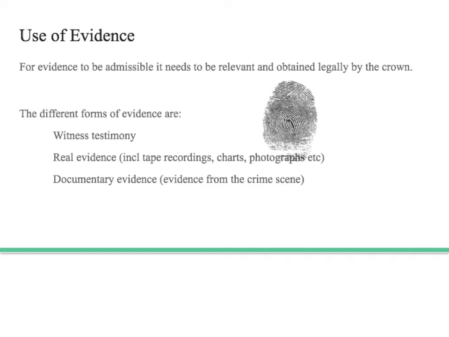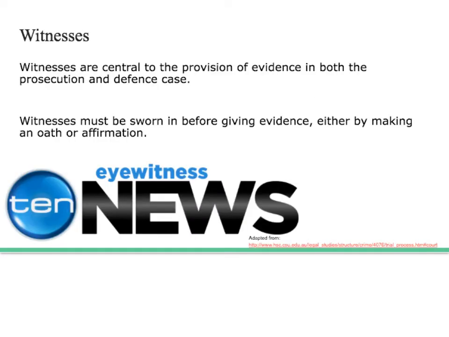Now, something else that's really important in a criminal trial is that the evidence is presented to the court through witnesses. Witnesses are people who know something about the case and who give evidence in court about what they know. The prosecution witnesses include the police officers who investigated the case and arrested the alleged offender, and it can be quite a complex process.